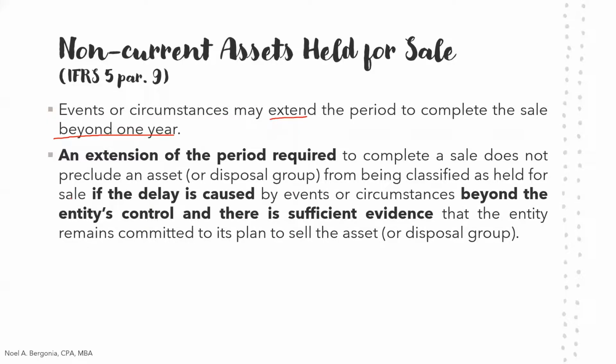This is what you need to remember for the extension of more than 1 year to be allowed, for us to still classify it as non-current assets held for sale or disposal group: the delay is caused by events or circumstances beyond the entity's control and there is sufficient evidence that the entity remains committed to its plan to sell the asset or disposal group. The delay should not be on the part of the entity. It should be beyond its control. Let me give you an example.